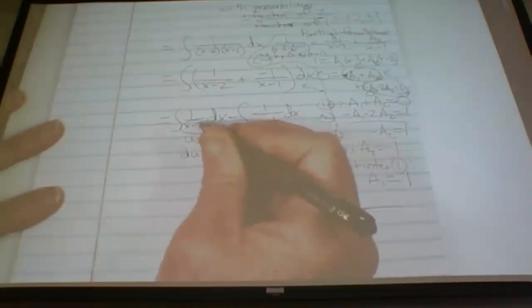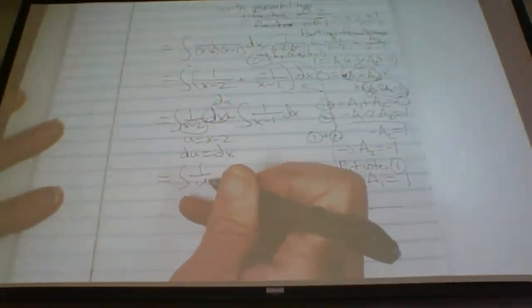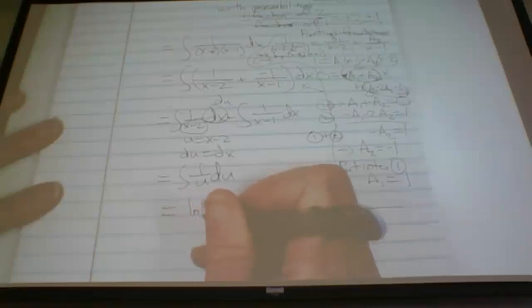Then du is the derivative of that dx. Well, it's 1 dx, it's just dx. So I substitute this for u, and I substitute dx for du, obtaining in this first integral just 1 over u du in terms of the new variable. That's a good substitution, right? Because I know that the integral 1 over u du is natural log absolute value of u, plus a constant that I'll leave off for now.